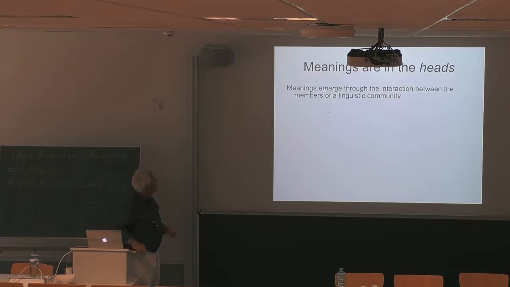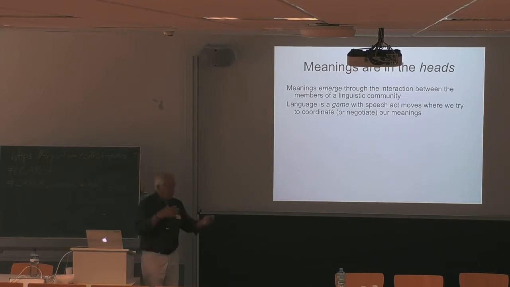So the meanings emerge through the interaction between the members of a linguistic community. The meaning of language is not given by God or by anybody else. It's an emergent phenomenon that results from a lot of communication between people. And language is a game where we can fail or succeed. Of course, we can lie as well, which is another part of game theory that I don't want to get into.